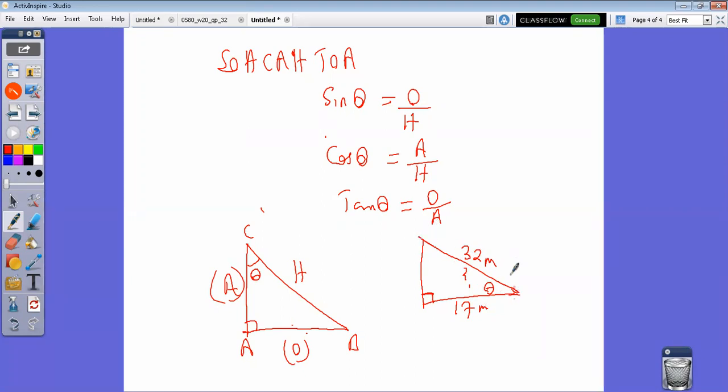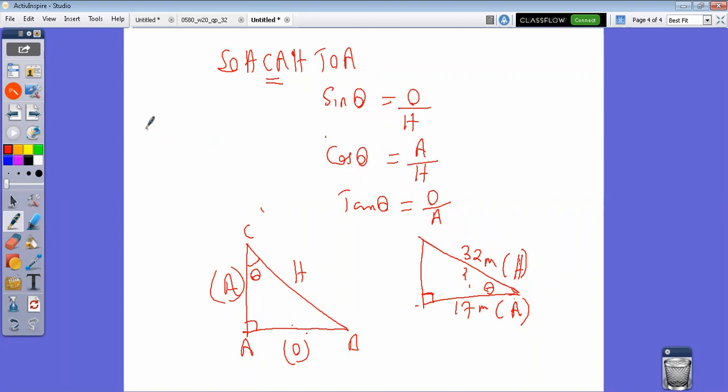We are given the longest side, which is H. I want to show you how you do that. And this side is where the angle is sitting, is what? Is A, adjacent. So what do we use? We want the combination AH. AH is cos.